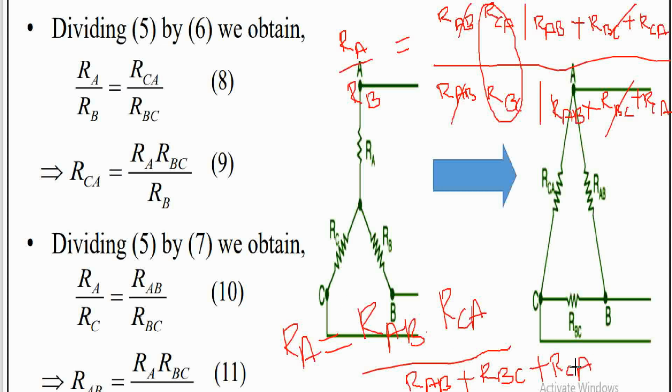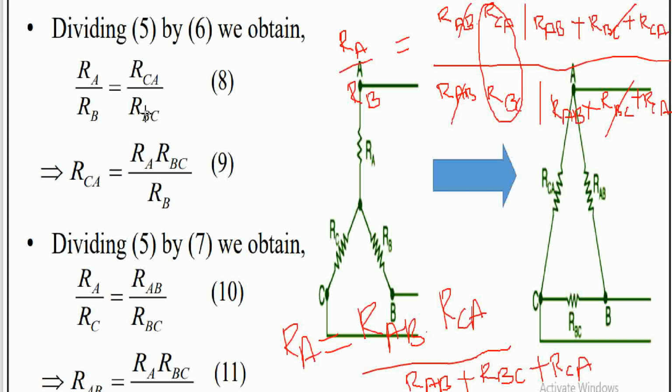So here the repeated terms are RAB, RCA and RCA, and the non-repeated term is RBC. So try to get an equation which is repeated, RCA.